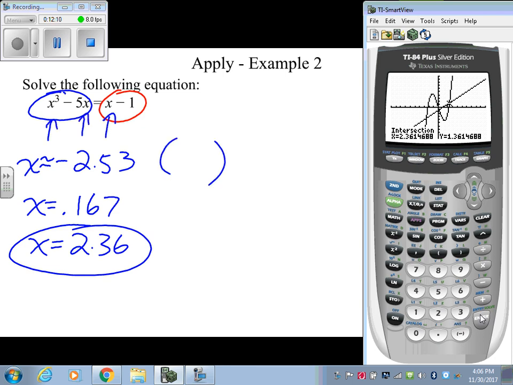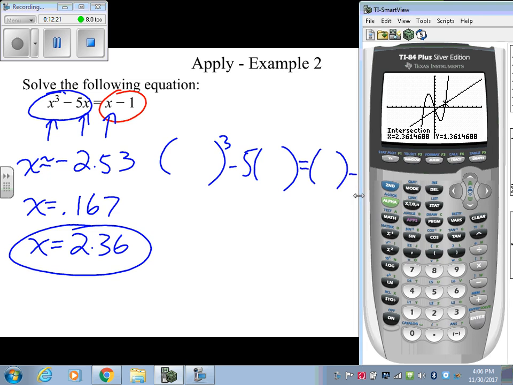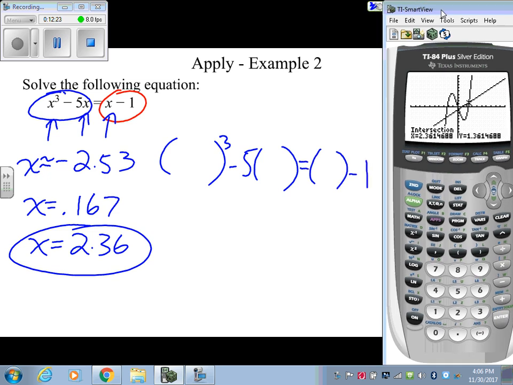So in my function, I had an x being cubed minus 5 times my x, and that was equal to my x minus 1. All right, and so I'm going to plug in 2.36 to the third power minus 5 times 2.36. And I'm going to see what that is on my calculator, and it should be equal to 2.36 minus 1.